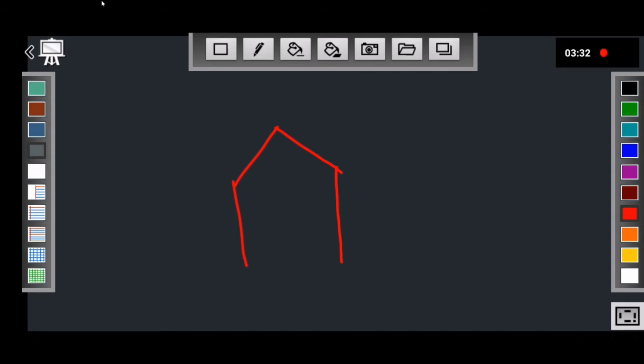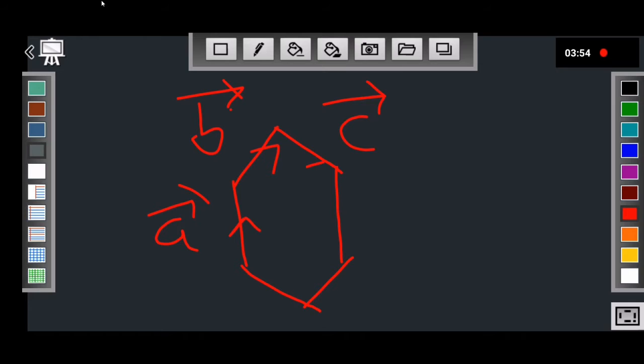The polygon has 6 sides, so it is a hexagon. Suppose A vector is denoted by this side, then B vector is denoted by this side, then C vector by this side, D vector by this side, and E vector by this side, like this.